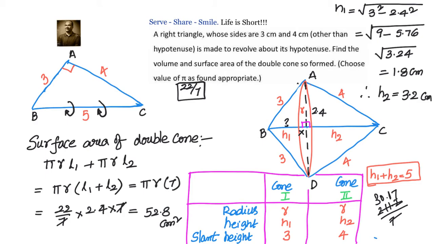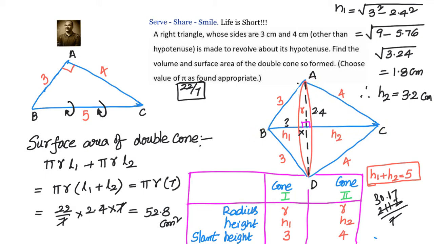So I think the most important part is understanding how the double cone will form and calculating the value of r. Once we are able to understand the value of r, then getting h1 and h2 is very easy. Then you can put a table. We just simply need to substitute in the formula.